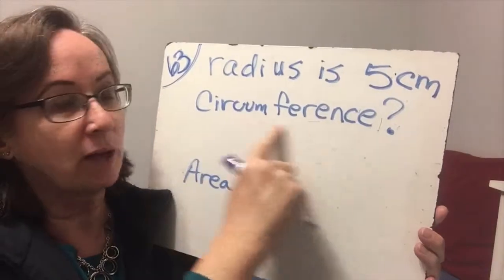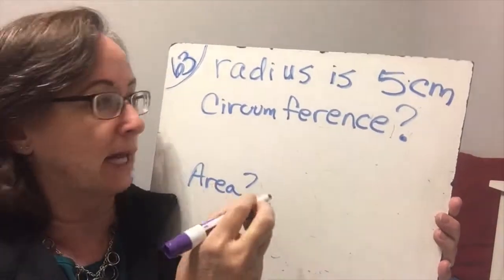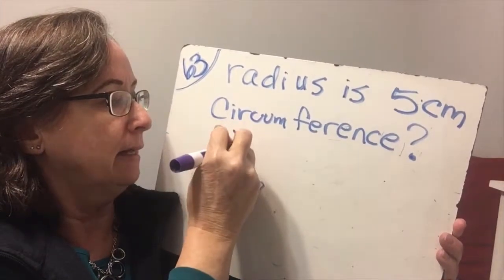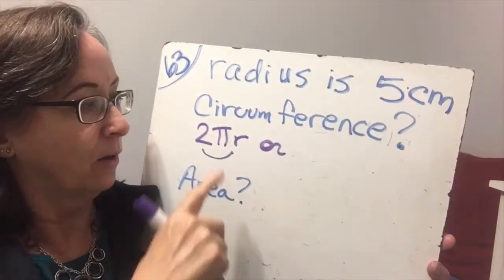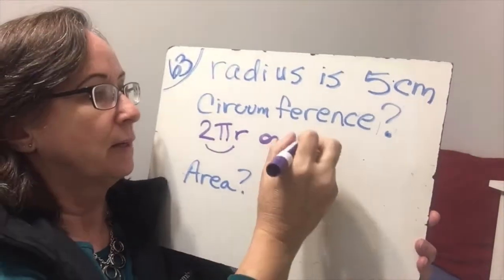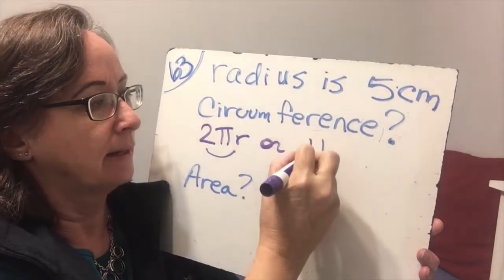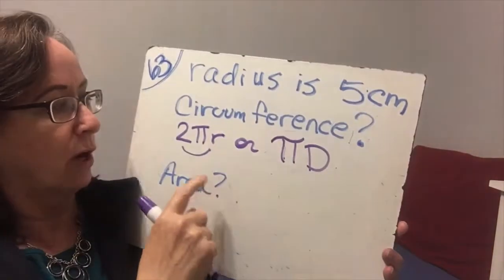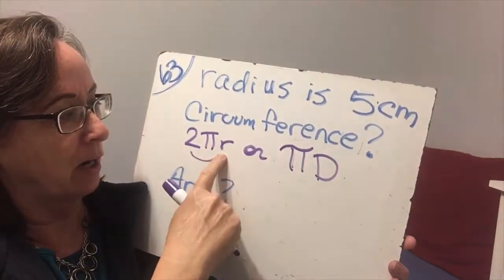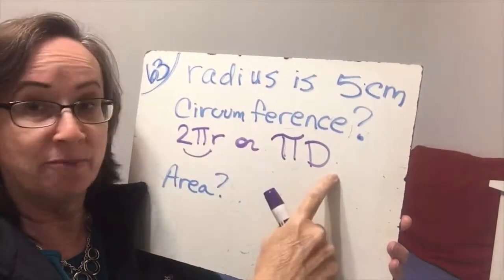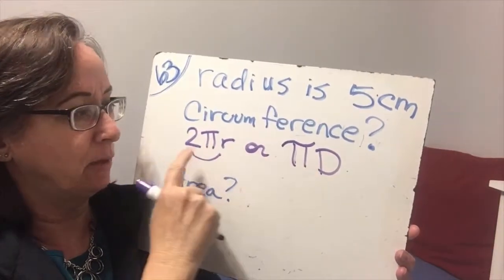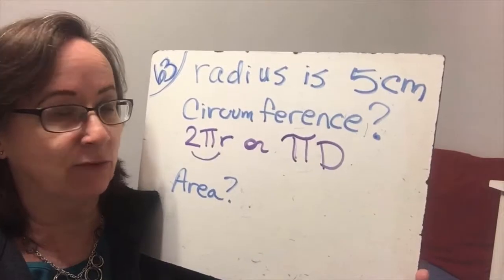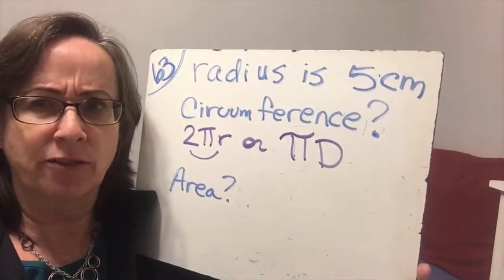Okay, so circumference, remember the formula is 2 pi r or pi d. Okay, so remember the 2 and the r multiplied together give me the d. So pi d or 2 pi r. And that is going to be the exact formula, but it's hard for us to calculate.